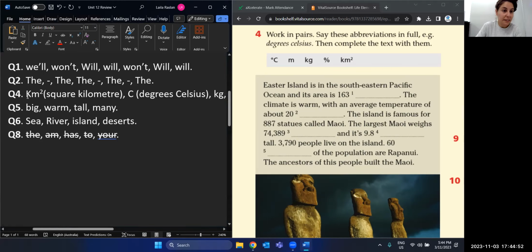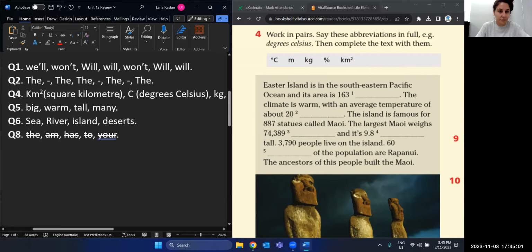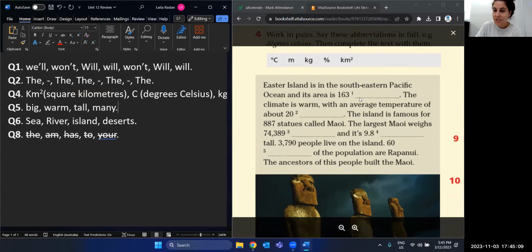Yeah, square kilometers. We don't really say km2. We actually say it, square kilometers. So that's how big it is, 163 square kilometers.